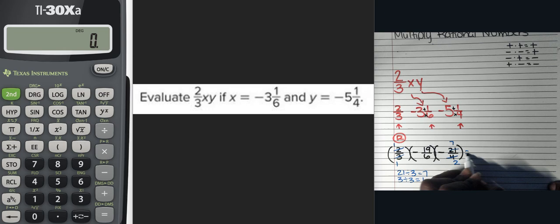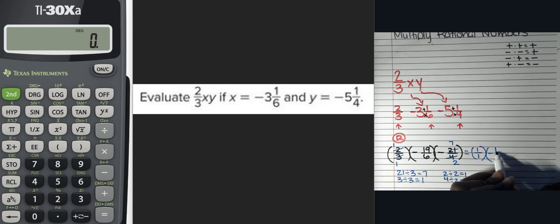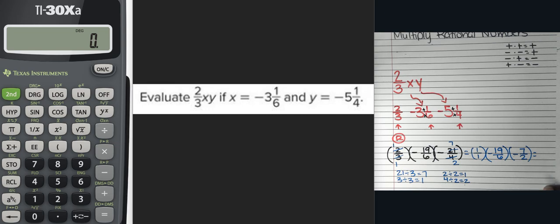So now all we need to do is just go on ahead and multiply it across. But let me just rewrite that so it looks a little cleaner. So we have 1 over 1. We have negative 19/6. And then we have -7/2. All right. And so what we get is 19 times 1, that's 19. 19 times 7 is 133.